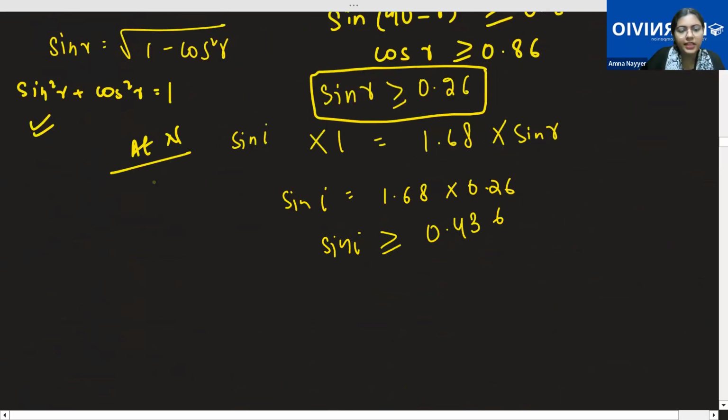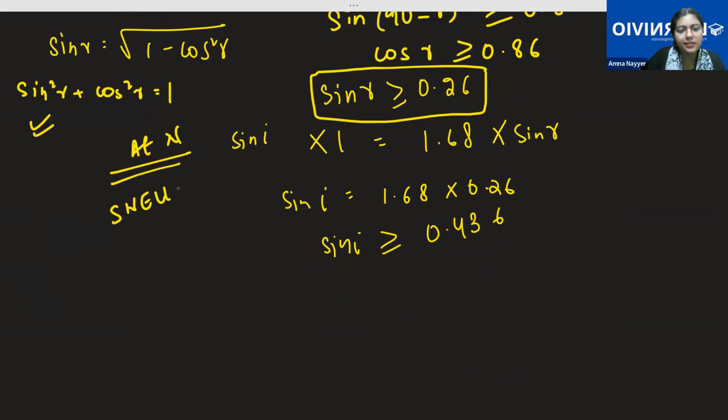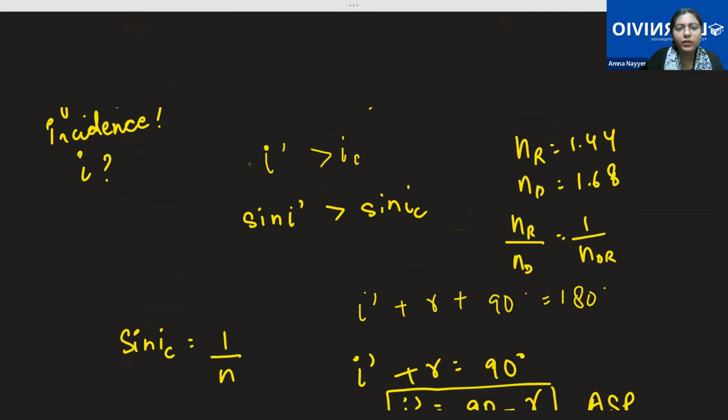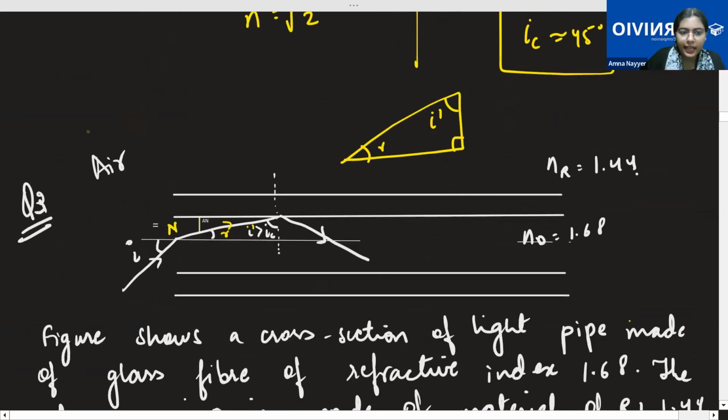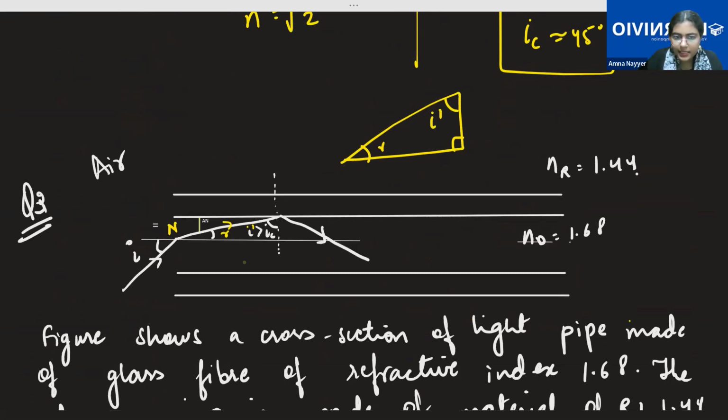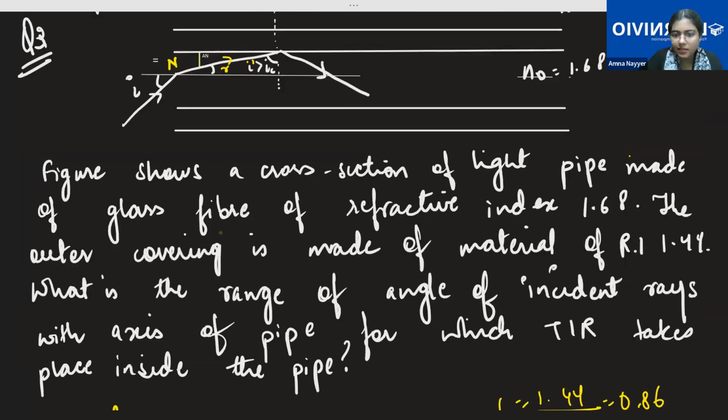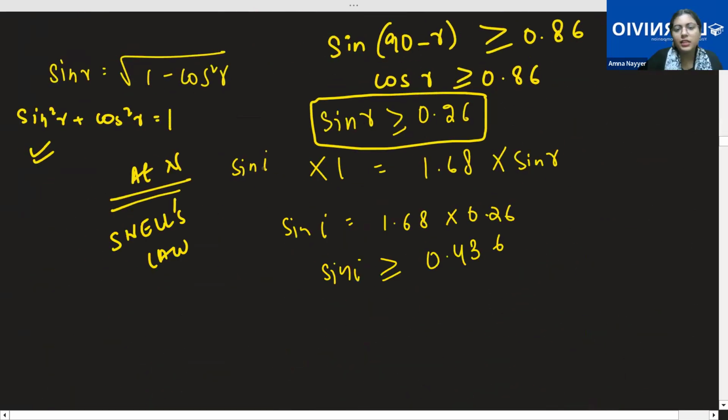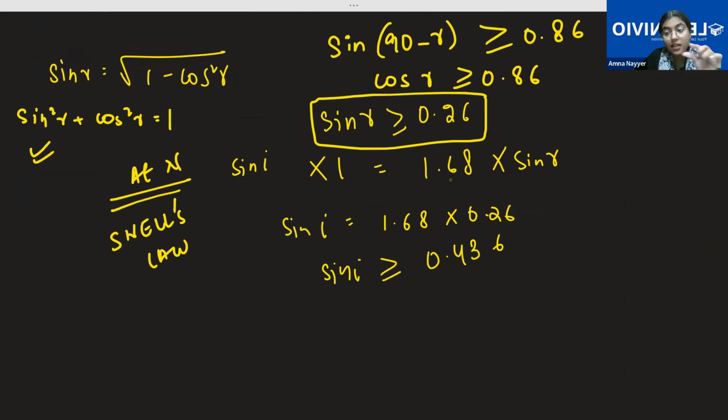Snell's law will be: air's refractive index into sin I is equal to this refractive index into sin R. So sin I into 1 is equal to 1.68 into sin R, because the inner one is 1.68. Actual sin I will be greater than or equal to 0.436 when you calculate.